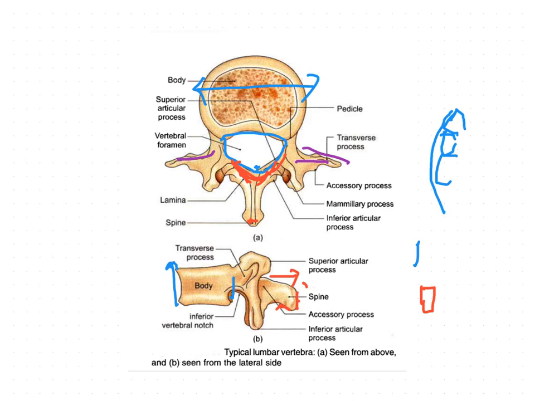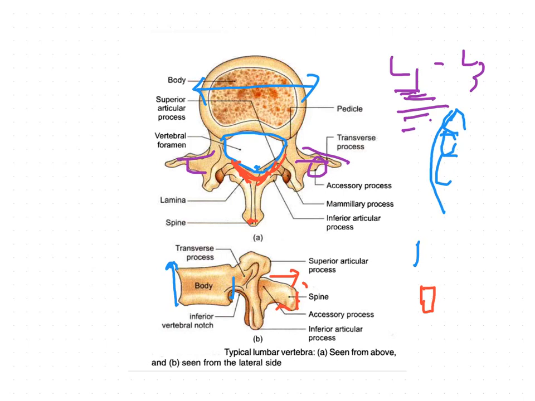Where is it exactly located? Posterior inferior aspect of the root of each transverse process. The length of the transverse processes increases from L1 to L3 and then decreases further.